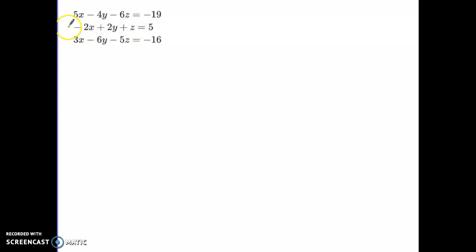I can multiply by 6 to get a 6z, which will eliminate this negative 6z. So that would give me, if I multiply by 6, that would give me negative 12x plus 12y plus 6z equals 30.